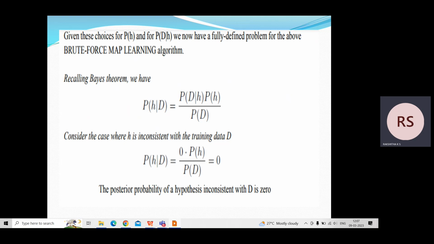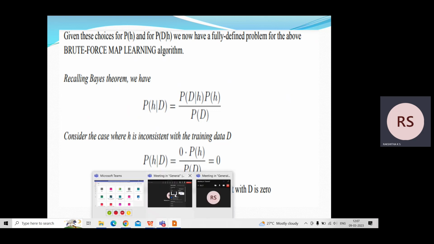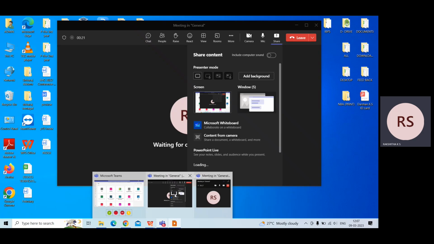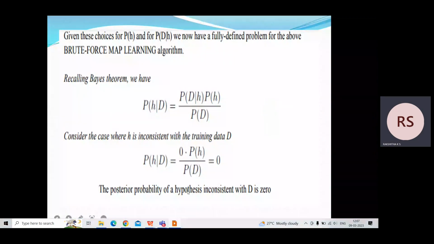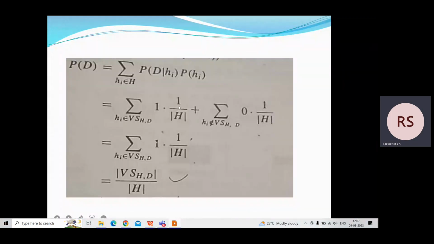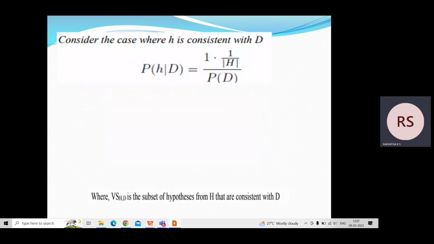So now the entire posterior probability of the hypothesis is consistent with 0 only. Next, in place of D given H we have given 1 over H. If it is 0, the complete term becomes 0, and that is the only value. So this 1 over H we can write as the version space of the hypothesis.